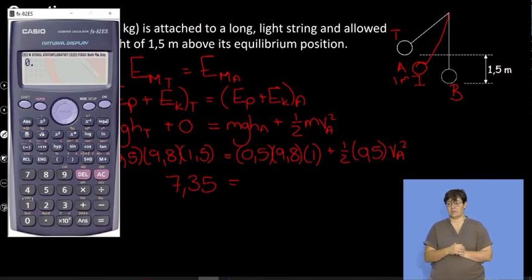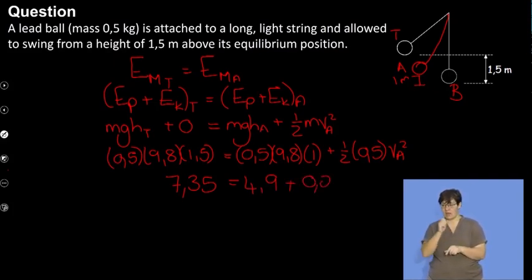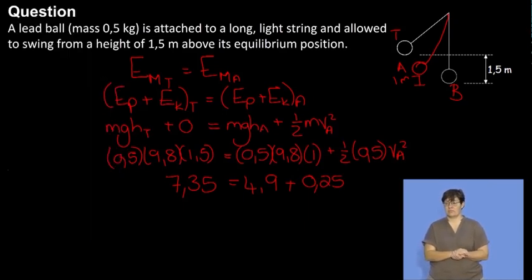So we've got 0.5 times 9.8 times 1 gives me 4.9. And this is a half times a half, which is 0.25. Let's just double check that, just in case my brain has gone to sleep. 0.5 times 0.5. There we go.